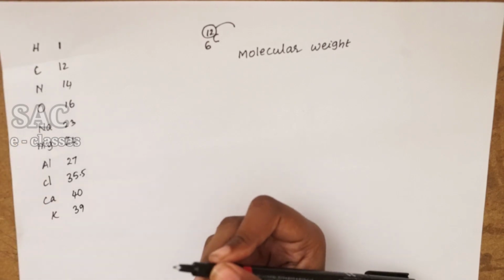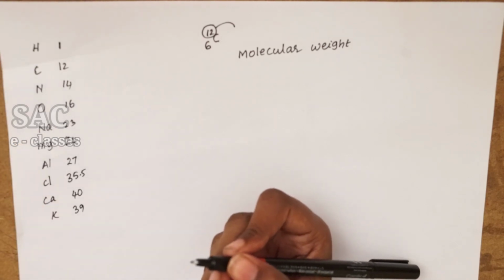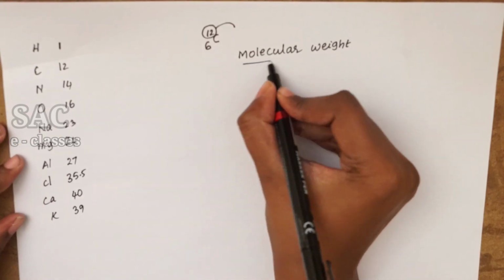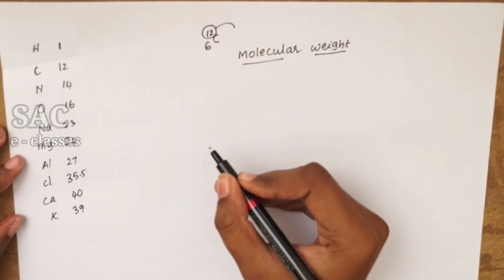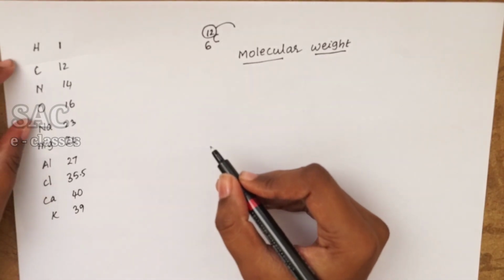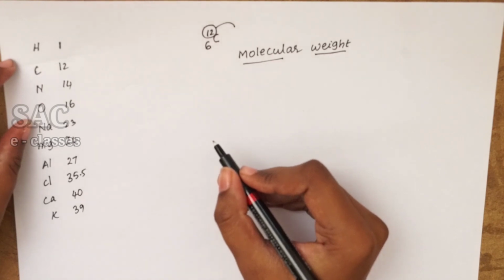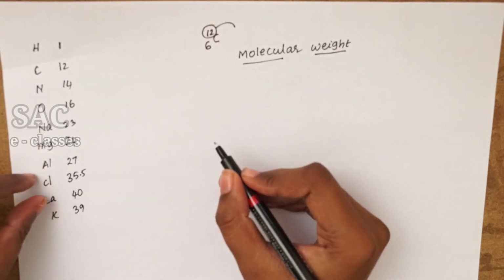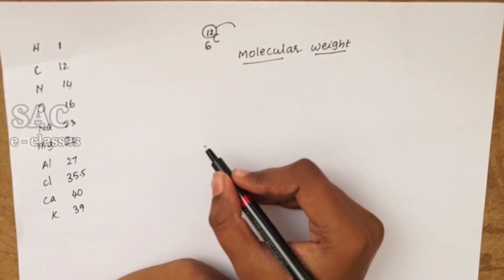These are some atomic weights of the given atoms. Then what is meant by molecular weight? It means the sum of all atomic weights of the atoms present in a molecule is called molecular weight.